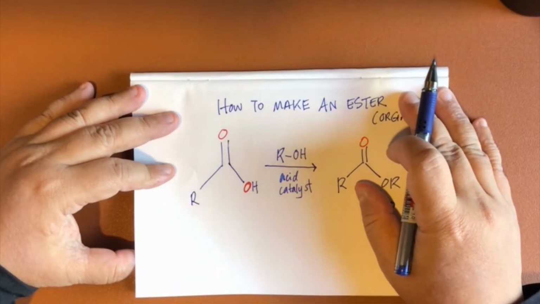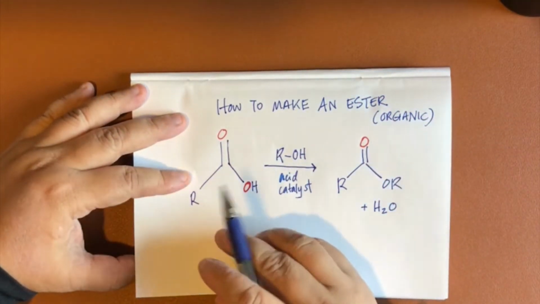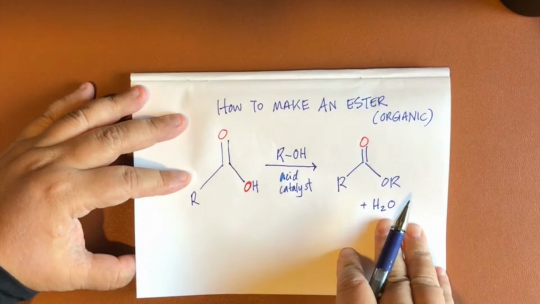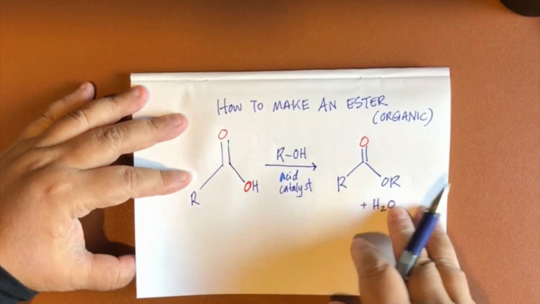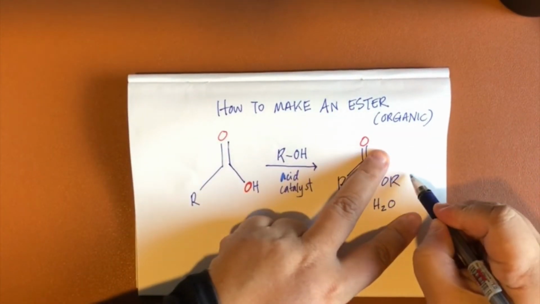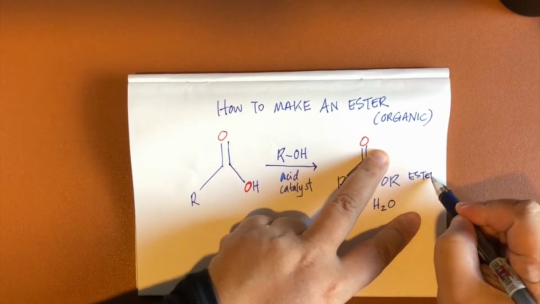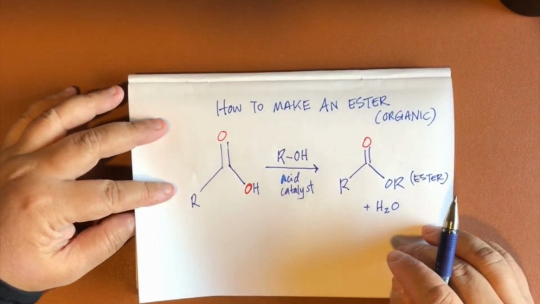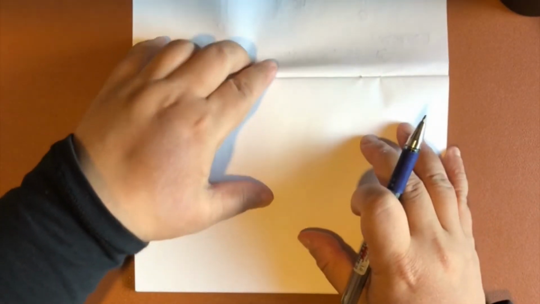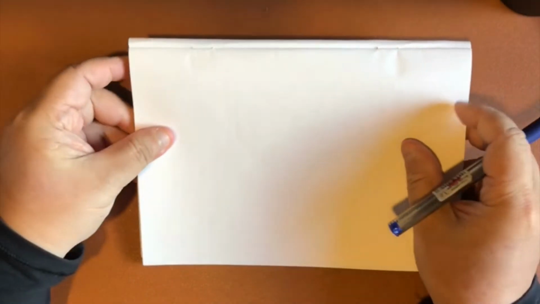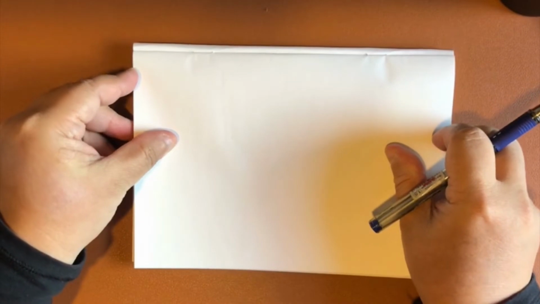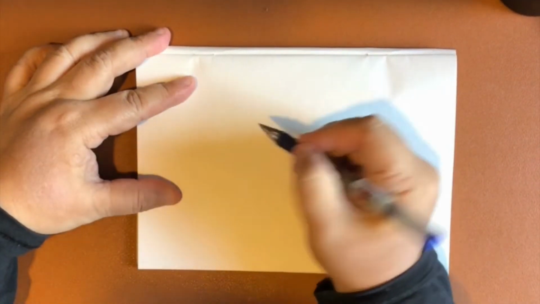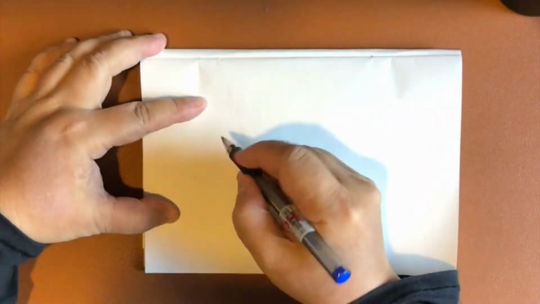In Fischer esterification, even though it looks to be a very simple reaction, the mechanism, or how the ester is produced, seems quite complex. Okay, let's go step by step on the mechanism, where I will just start with a simple acid.